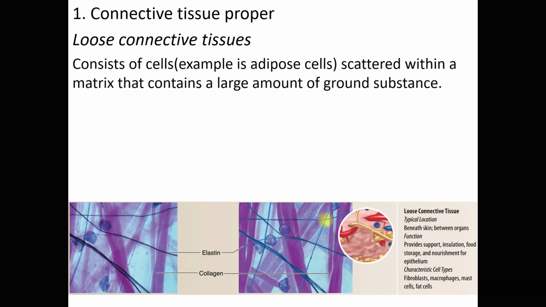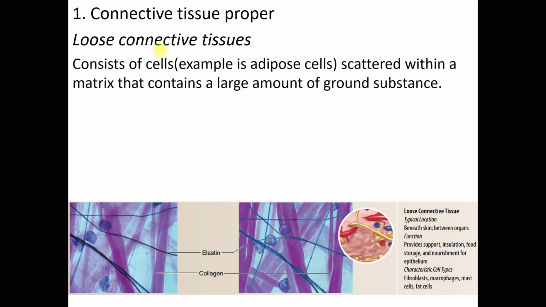Now, loose connective tissues are tissues that consist of cells, and these cells are scattered within a matrix, and that matrix contains a large amount of ground substance. Examples of loose connective tissues are adipose tissues, and adipose tissues are made from adipose cells, another name for which is fat cells.